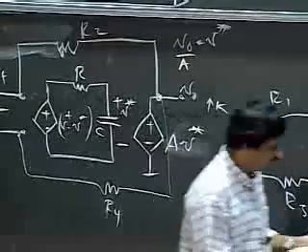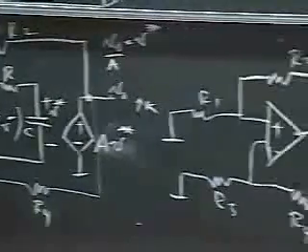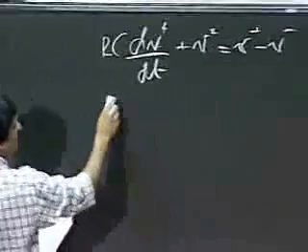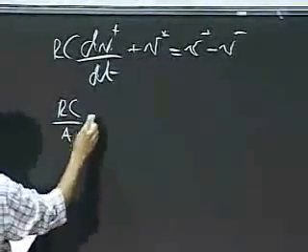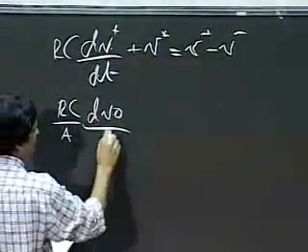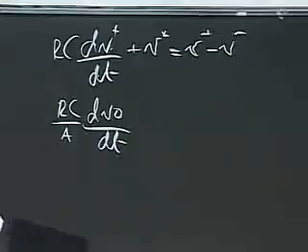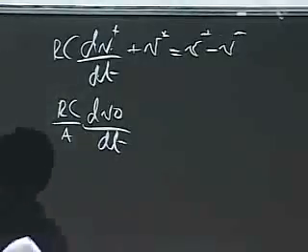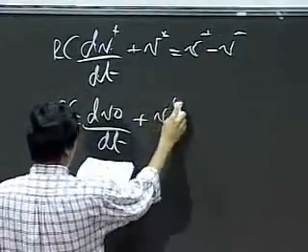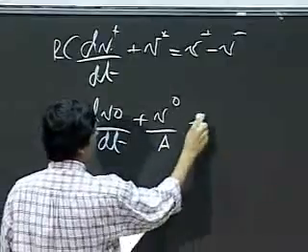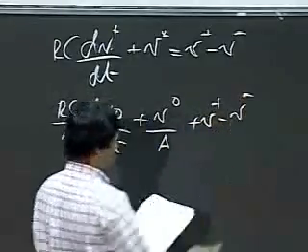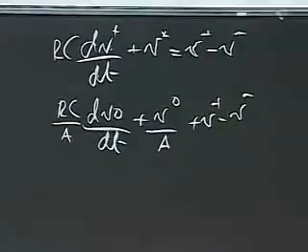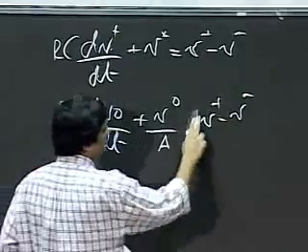So I can go ahead and replace V star by V naught divided by A. So it's RC divided by A, dV naught by dt. Recall, I want the dynamics of V naught, so let me just get an expression in V naught. So I get V naught divided by A plus V plus minus V minus equals.